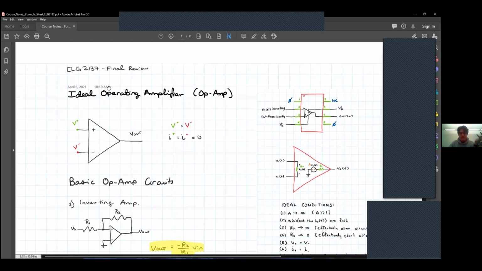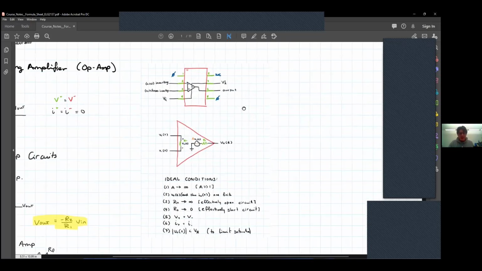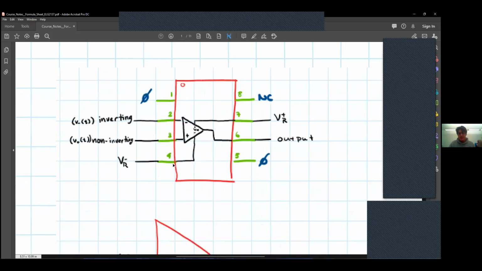So first we have the operating amplifier. We actually have a couple of those laying around here in the office. I'm not exactly sure which cabinet they're in, but they're here somewhere. You would likely find them in a package like such, where you have your inverting and non-inverting inputs and your output and your real inputs.